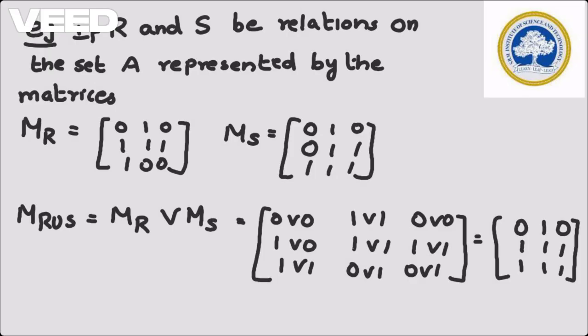Third row 1 or 1, 0 or 1, 0 or 1. 0 or 0 is like a boolean addition. So 0 or 0 is 0, 1 or 1 is 1, 0 or 0 is 0, 1 or 0 is 1, 1 or 1 is 1, 1 or 1 is 1, 1 or 1 is 1, 0 or 1 is 1, 0 or 1 is 1.